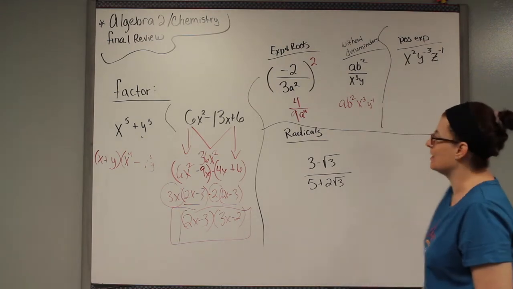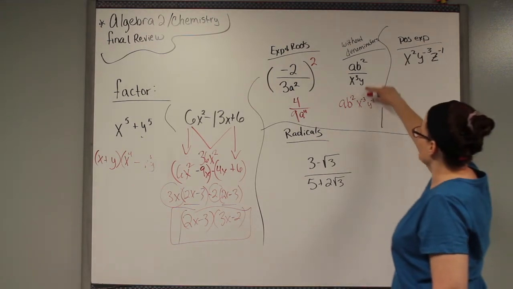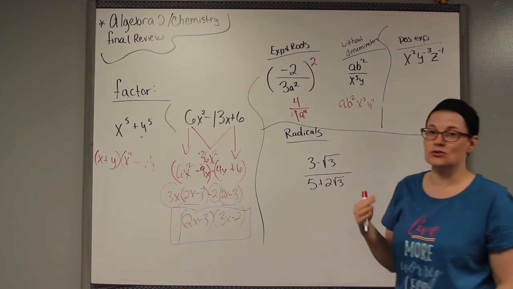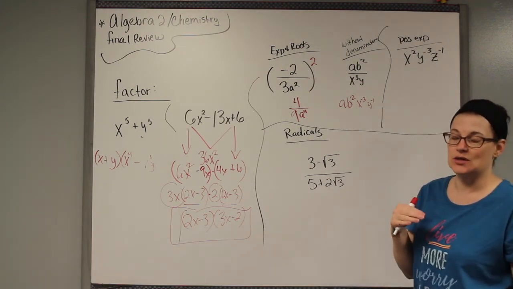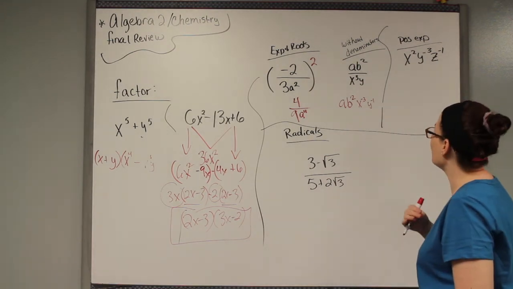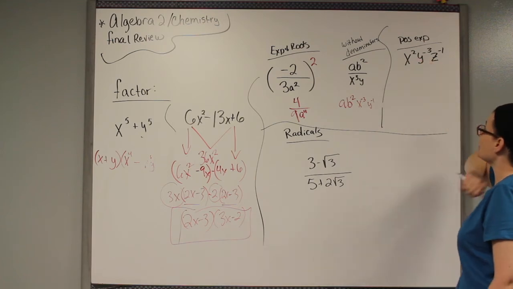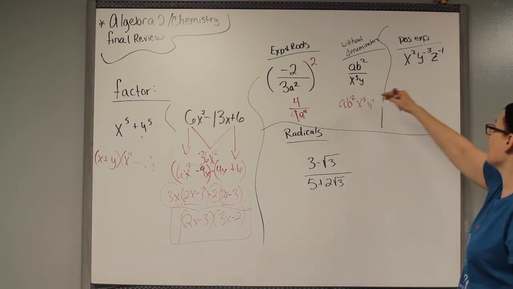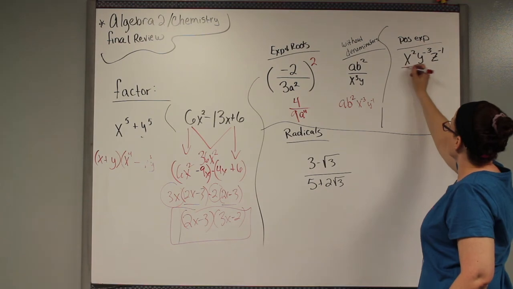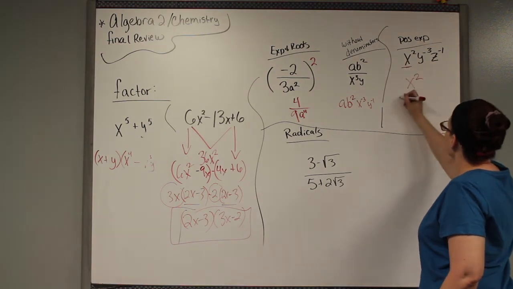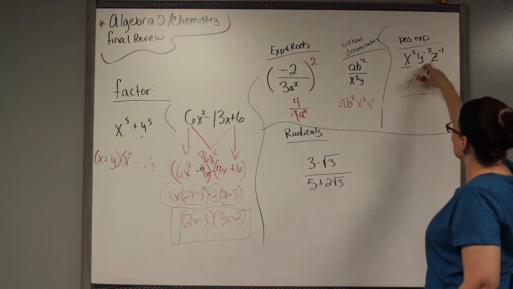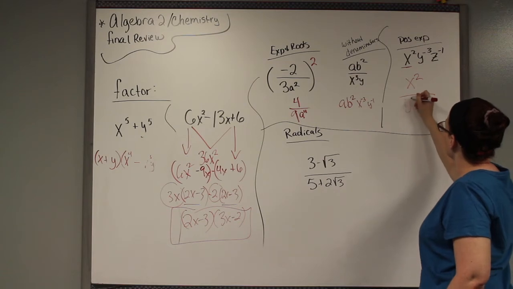If you flip stuff across the fraction bar, that's how you change the signs of the exponents to positive or negative. Writing with positive exponents would be to put it in a fraction. Everything that's already positive, which is x squared, will stay on the top. Everything that has a negative exponent will move to the bottom, and we will simply change the sign.